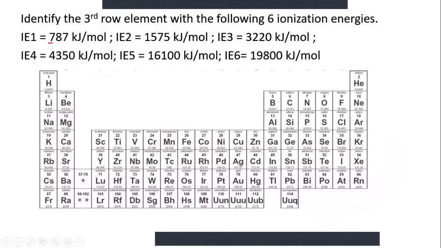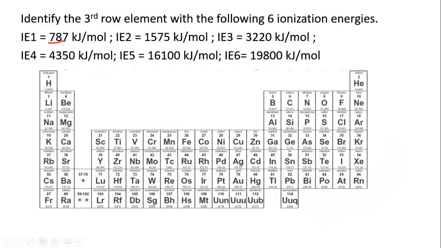First ionization energy, second, not a big jump. Third, still not a big jump. Fourth, from 3 to 4, not a big jump. So from 1 to 2, 2 to 3, 3 to 4, not big jumps. But when you go from 4 to 5, what do you see? You see a big jump, over 10,000 increase in the energy.